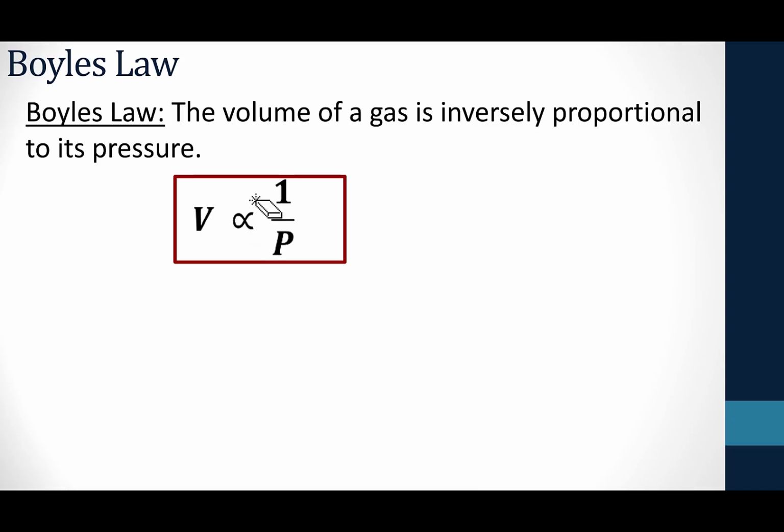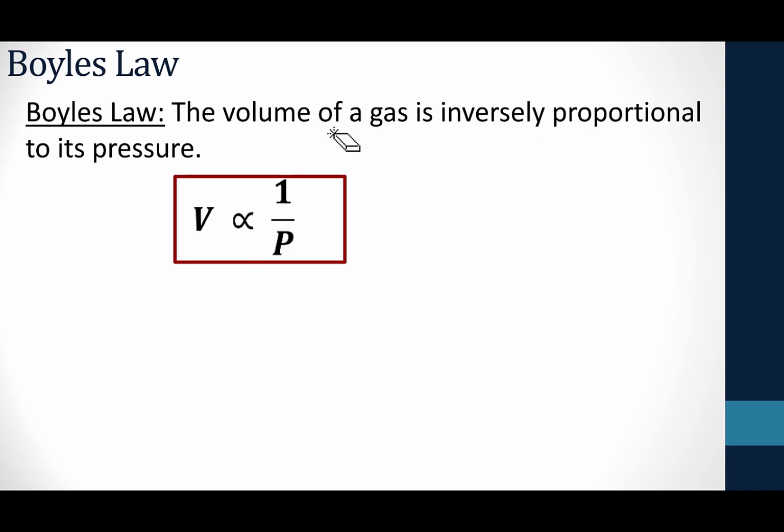When we say that the volume is inversely proportional, remember the inverse of anything, so if we have x, the inverse of x is 1 over x, right? We just flip it. So when we say proportional to the inverse of pressure, that's just the symbolic representation of this statement.